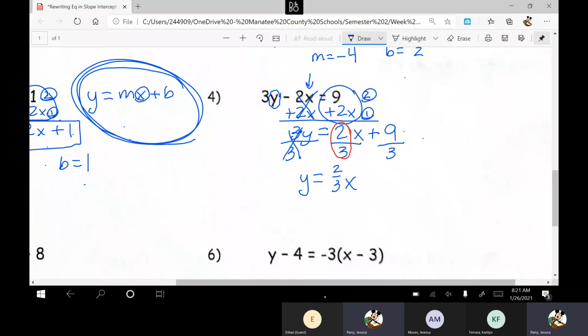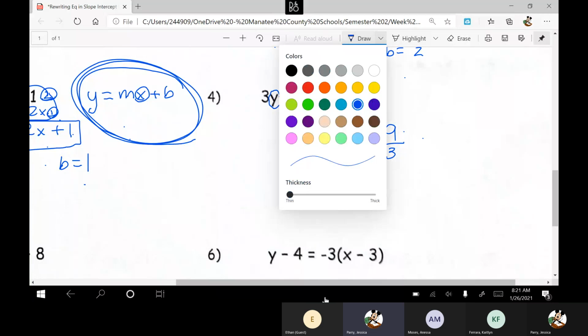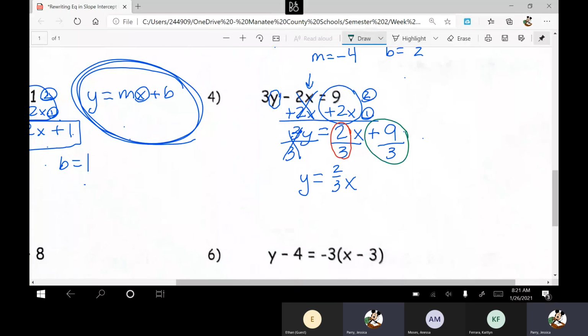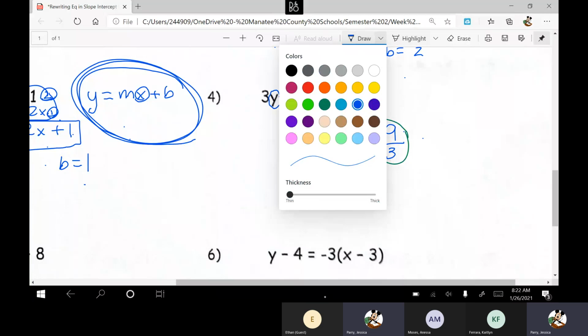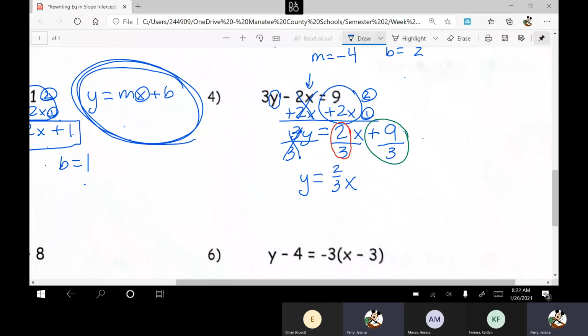And then let's try our other fraction. This positive 9 divided by 3, can I do 9 divided by 3? What is 9 divided by 3? You tell me. 3. Awesome, it is positive 3. So now this is in slope-intercept form.